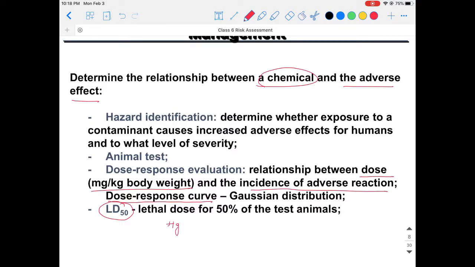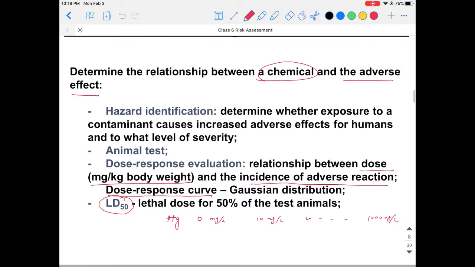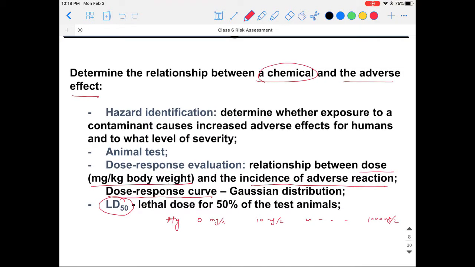What that means is, let's say we are trying to study the toxicity or the risk of mercury in water, right? We can set up a range of concentrations: 0 milligram per liter, then 10, then 20, until, let's say, 1,000 milligram per liter.